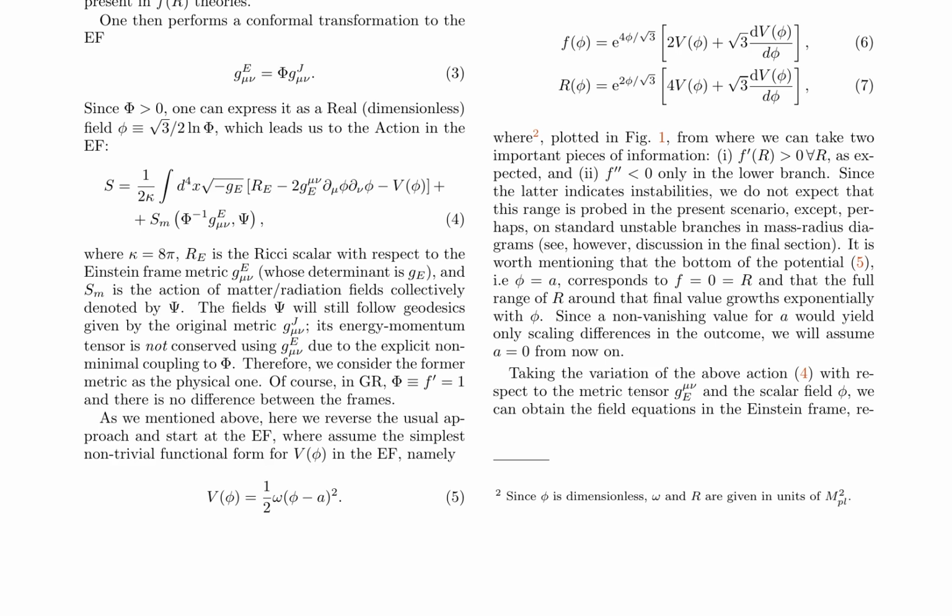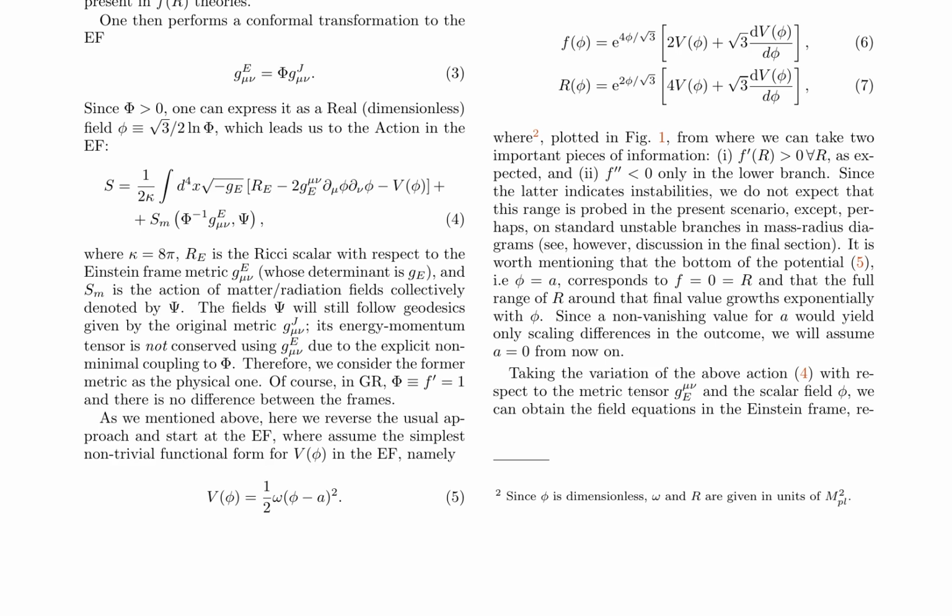These expressions are plotted in figure 1, showing a 3-branch structure for F(R), with F(R) greater than 0 for all R, but F(R) less than 0 in the lower branch, indicating instability.